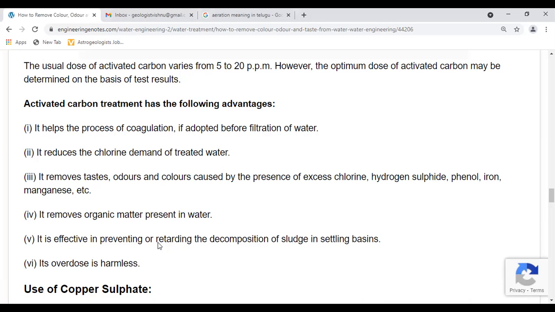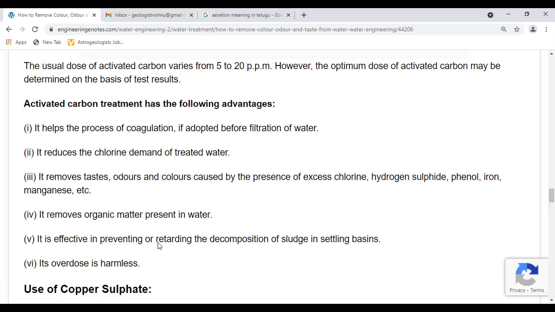Activated carbon treatment has the following advantages. It helps the process of coagulation if adopted before filtration of water. It reduces the chlorine demand of treated water. It removes taste, odors, and colors caused by the presence of excess chlorine, hydrogen sulfide, phenol, iron, manganese, etc. It removes organic matter present in water.